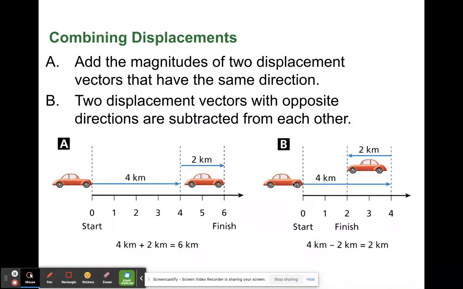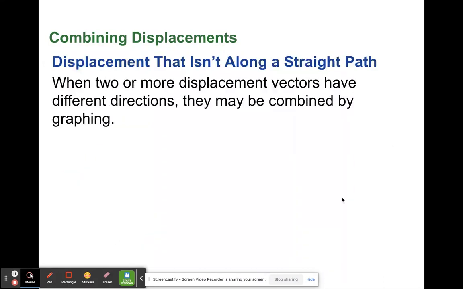But now in part B, if I move forward 4 kilometers, then move backwards 2 kilometers, think of a number line. The 4 is positive because it's going in the positive x direction, and the 2 is negative because it's going in the negative x direction. So it's really 4 minus 2, and that gives me the displacement of 2 kilometers. Displacement is important and different than distance. And we're going to go over lots of examples of that.